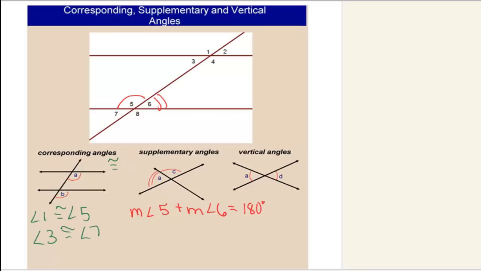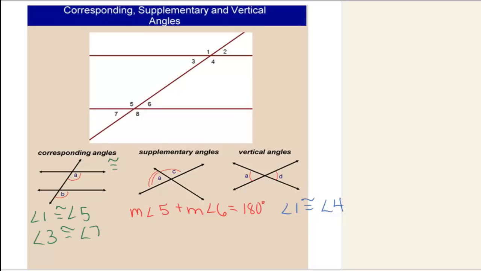Let's look at vertical angles. So with vertical angles, they're the angles across from each other. So for example, angle 1 and angle 4 are vertical angles. And they're congruent, right? So I would write angle 1 is congruent to angle 4. There are 8 pairs of congruent angles that are vertical in this diagram. So you're going to actually stop this video.